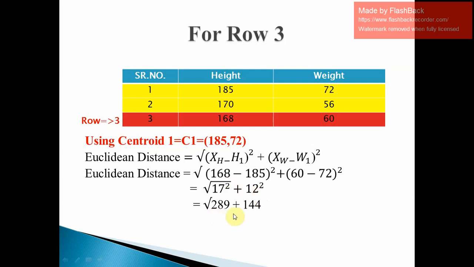So it will be 289 plus 144 under root, that is under root 433. Finding the square root of 433, it will be 20.80. So by using the centroid value C1 for row 3, we get the Euclidean distance as 20.80.